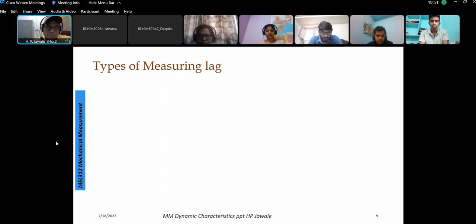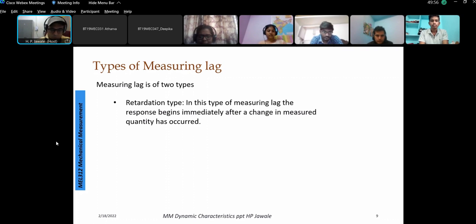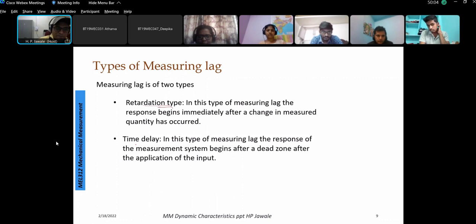The measurement lags are of different types. A very broad classification is the retardation type, and the next one is the time delay. In the retardation type, the measuring lag response begins immediately after the change in the measured quantity occurs. In the case of the time delay, the response of the measurement system begins after a dead zone, after the application of the input.